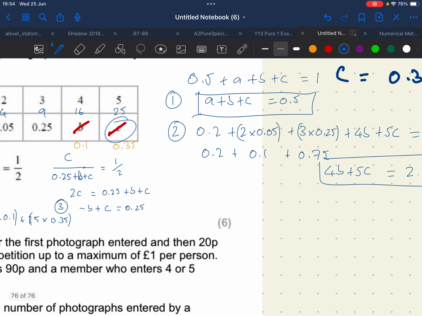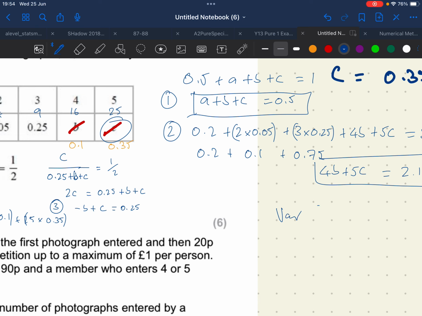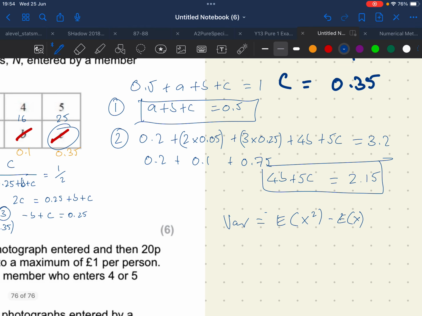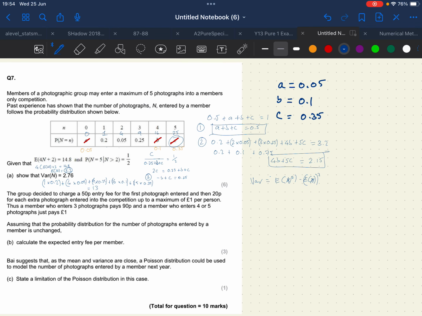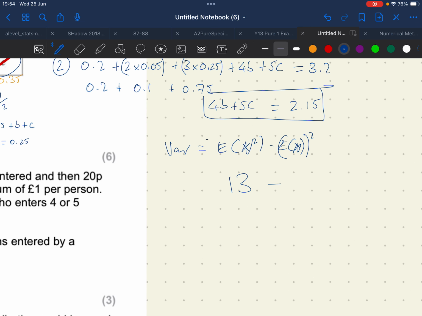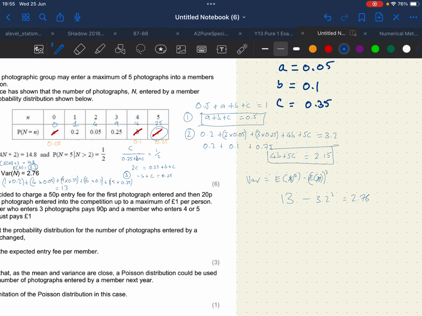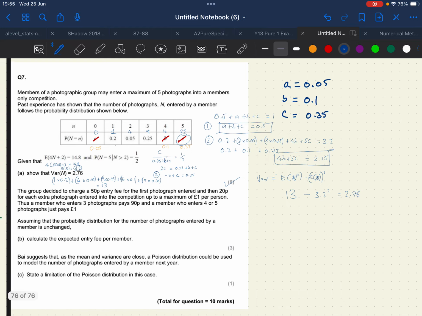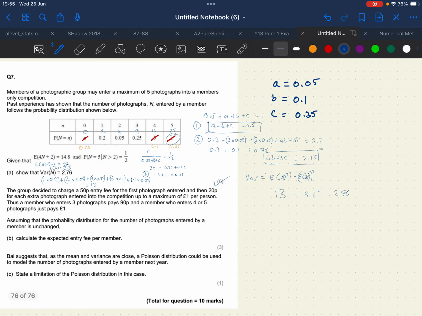Okay, so finally the calculation is for the variance is the expected value of n squared minus the expected value of n, all squared, which means it's going to be 13 take away 3.2 squared, which is 2.76. Okay, that was a lot of work, but I'm sure it was useful for the other bit.